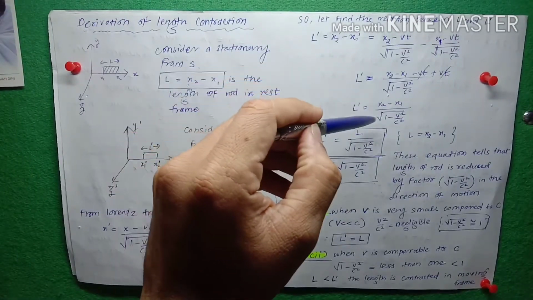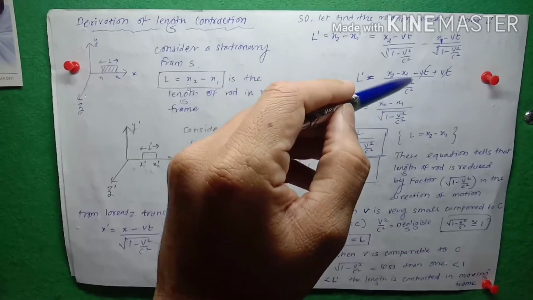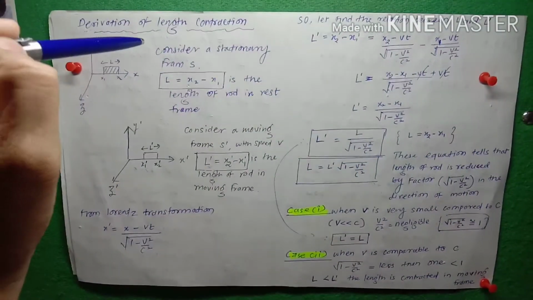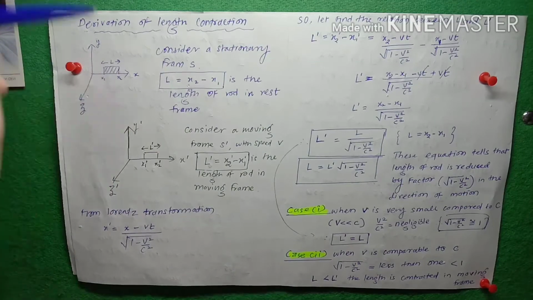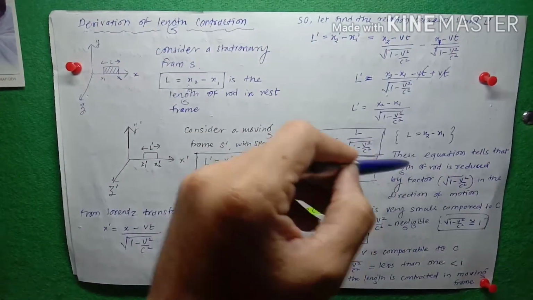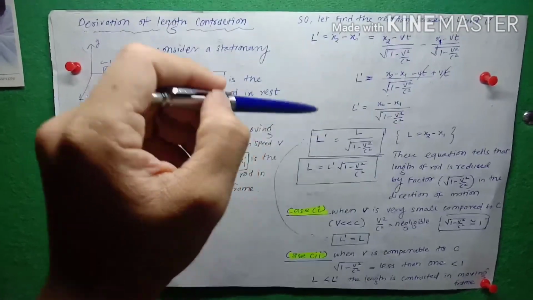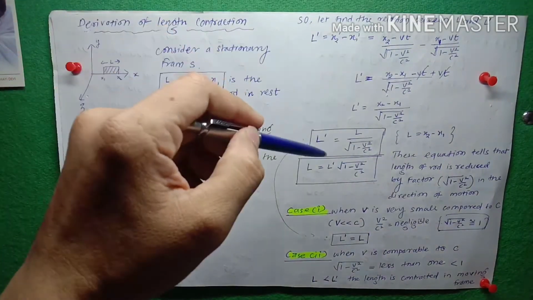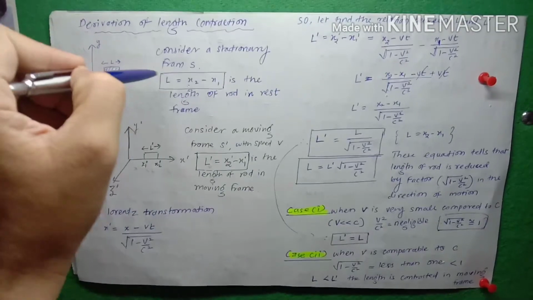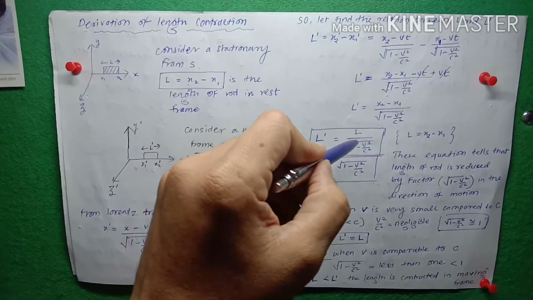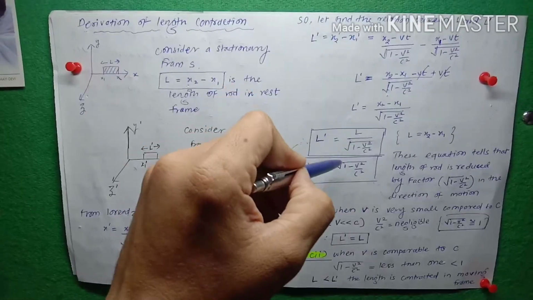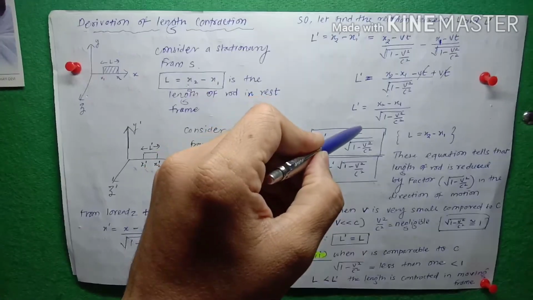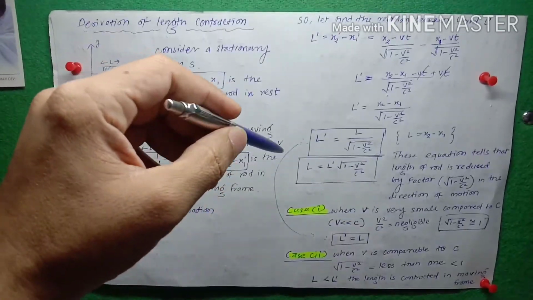Now we already know that x2 minus x1 is nothing but the length of the rod in the rest frame. So we will substitute that value in this equation. So we get a new equation, which is the length contraction formula for the rod: L dash is equal to L divided by root of 1 minus v square by c square.